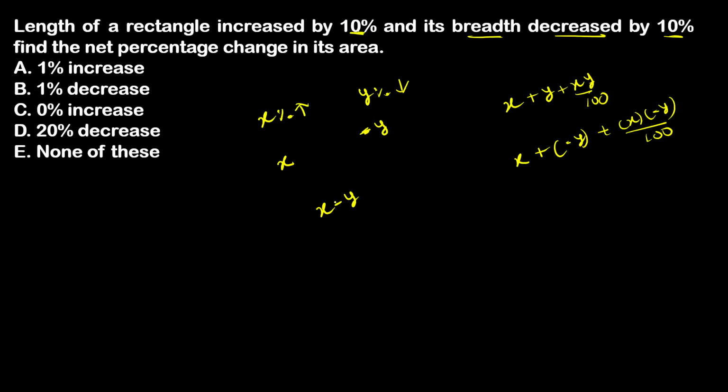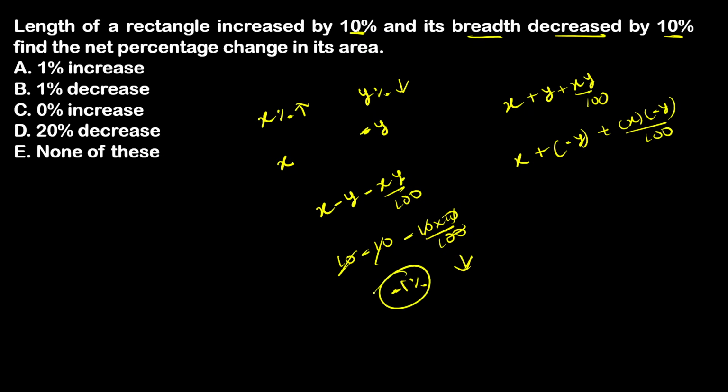So simply, we will write it as x minus y minus xy by 100. We know the value of x, we know the value of y, 10 minus 10 minus 10 into 10 by 100. If you calculate this, you will get minus 1 percentage. As we discussed earlier, as it's minus, we need to understand it as a decline. That's a decrease. So 1 percentage decrease.